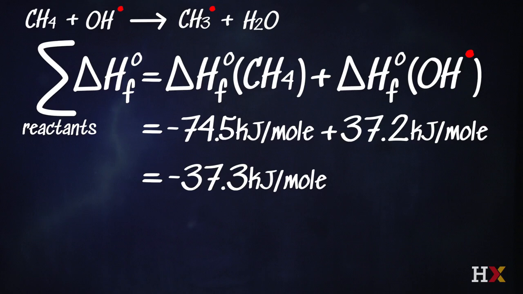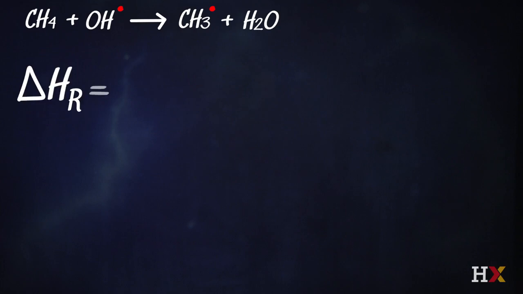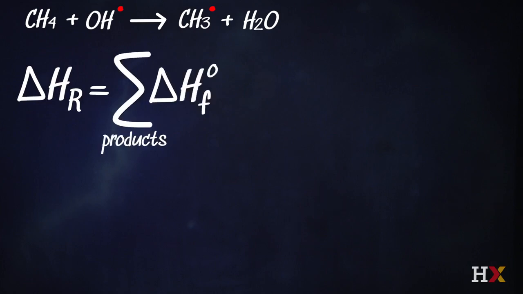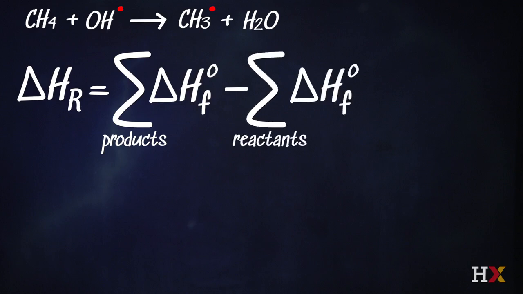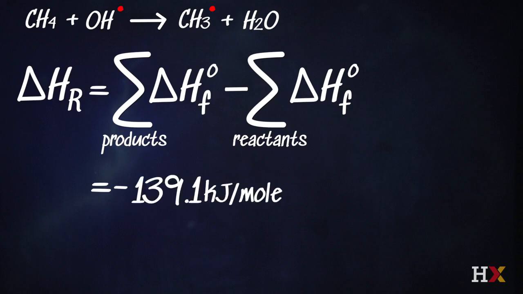All right, so now we've calculated the reactants, we've calculated the products, and we put that back into our definition of the change in enthalpy for the overall reaction. And that gives us the change in enthalpy for the overall reaction that's equal to the sum of the products minus the sum of the enthalpies of formation of the reactants. And so the sum of the enthalpies for the products was minus 139.1 kilojoules per mole, and then we subtract off the same quantity for the reactants.